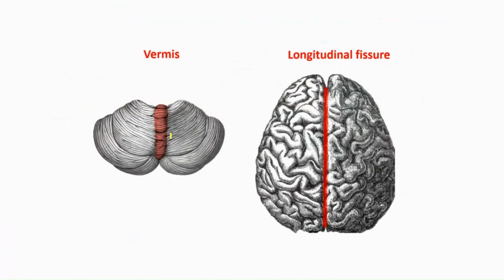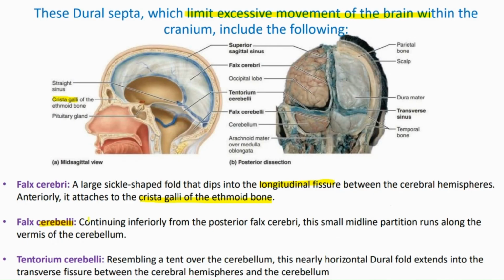It has two hemispheres, and they are divided by the vermis. The vermis is just like the longitudinal fissure of the cerebrum, but it's called the vermis. So here is exactly where the falx cerebelli lies. It continues inferiorly from the posterior falx cerebri. This small midline partition runs along the vermis of the cerebellum, just at the middle of the cerebellar hemispheres.